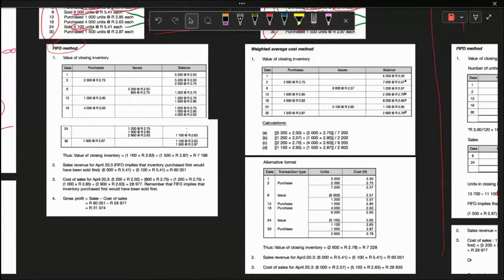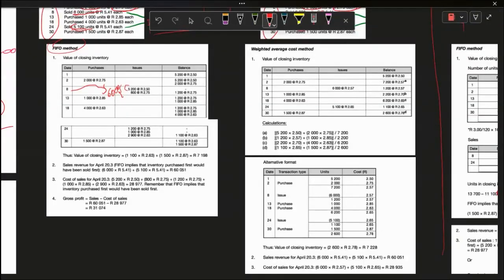I'm going to show you here, for someone who says, I'm not getting anything of this, I hate numbers. There's this 5,200. The total that they issued is 6,000. But how did you get 6,000? They tell you in the question, on the 8th, they sold 6,000 units.